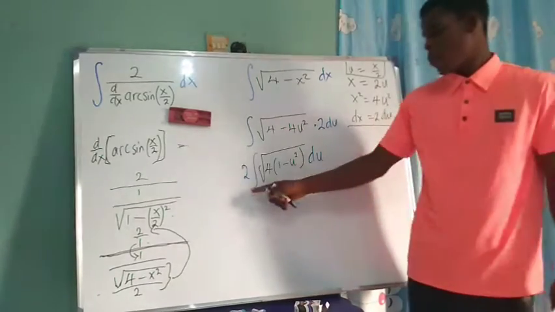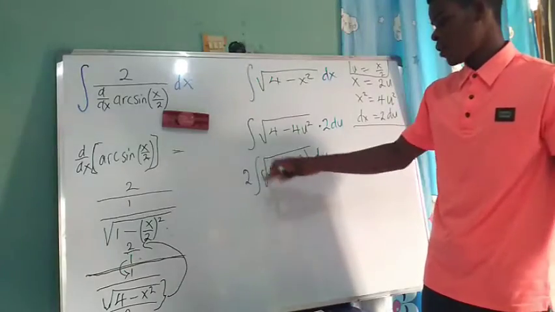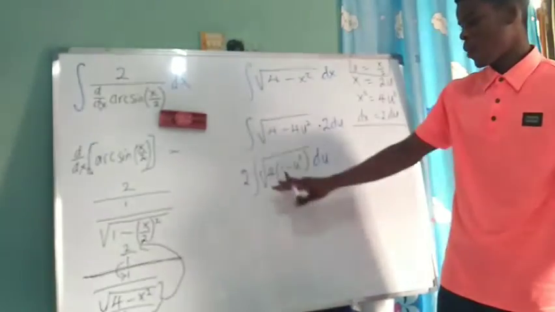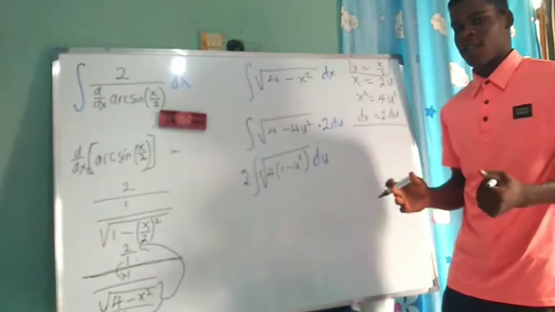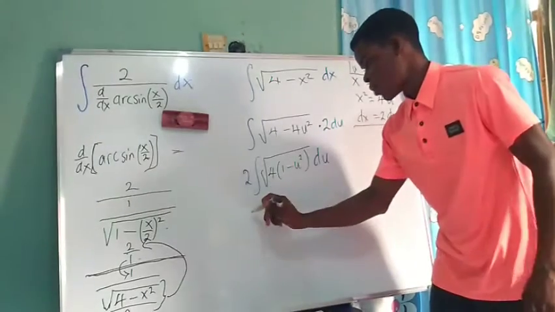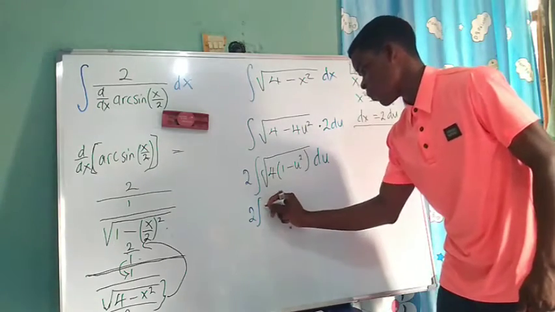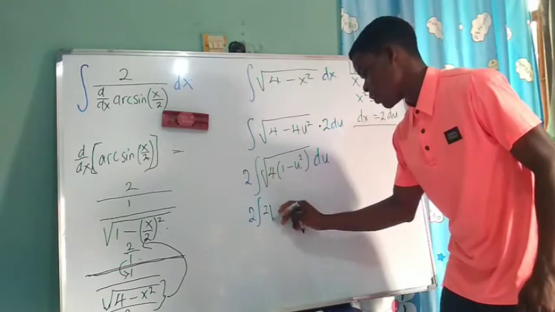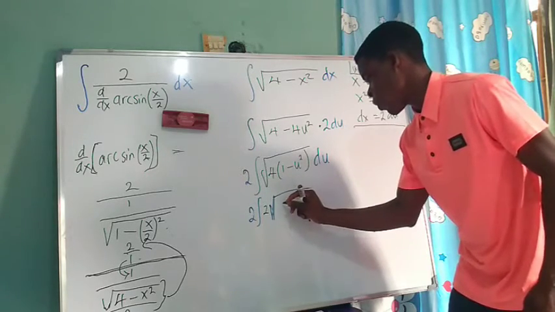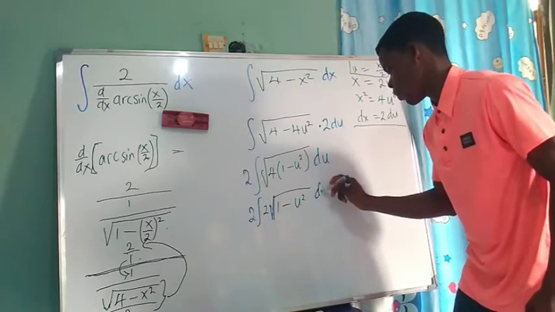Since 4 is a perfect square, we can take the square root of 4, which is just 2. So we have 2 times the integral of 2 times the square root of 1 minus u squared du.